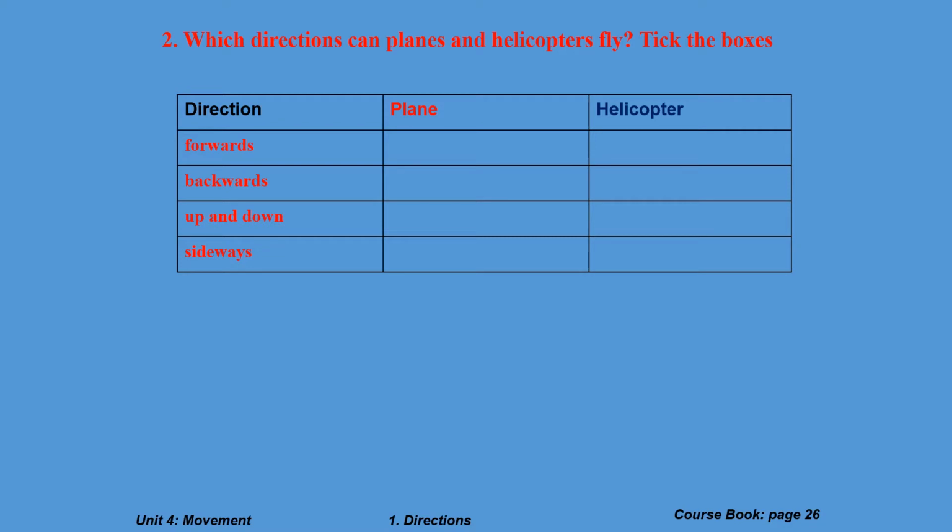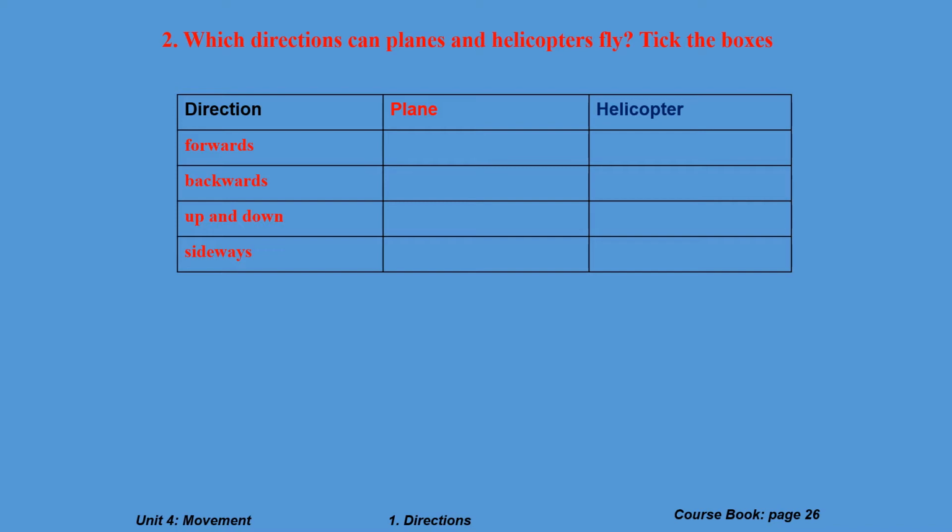Okay, here number 2, the question reads like this. Which directions can planes and helicopters fly? Tick the boxes. For example, we have direction forwards, backwards, up and down, sideways. And we have 2 columns, one for the plane and one for the helicopter.